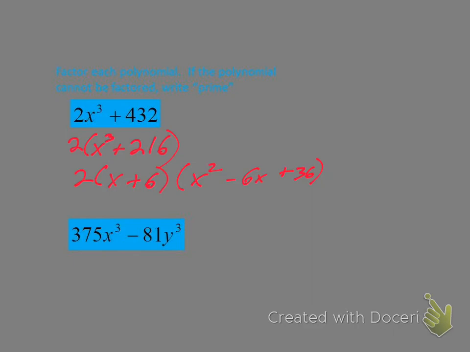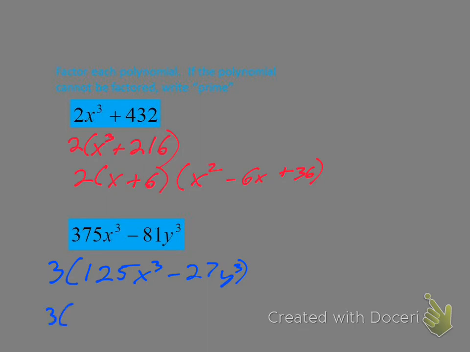Make sense? So what you do is you take out a 3, which leaves you with 125x cubed minus 27y cubed. Okay, it's also the first one where each a and b has had 2 parts to it. So be careful with that.